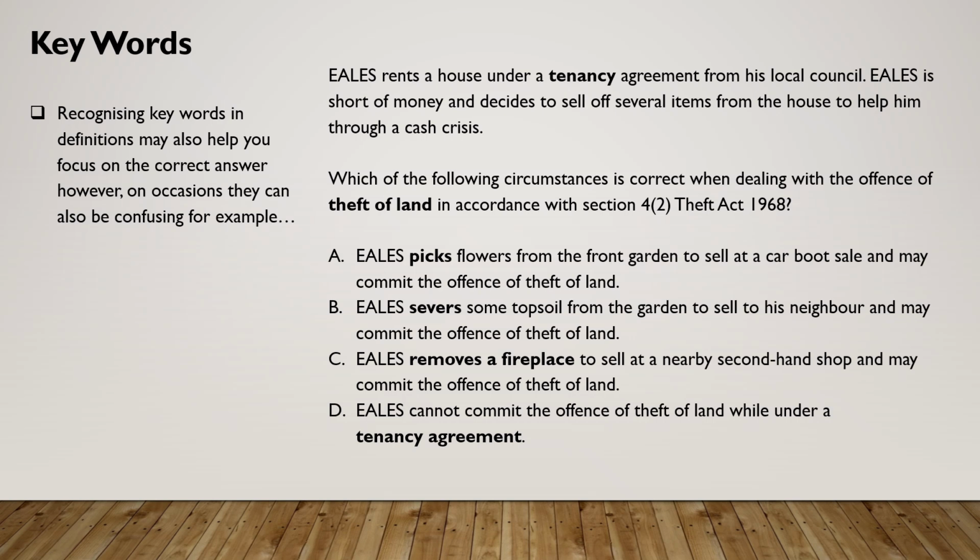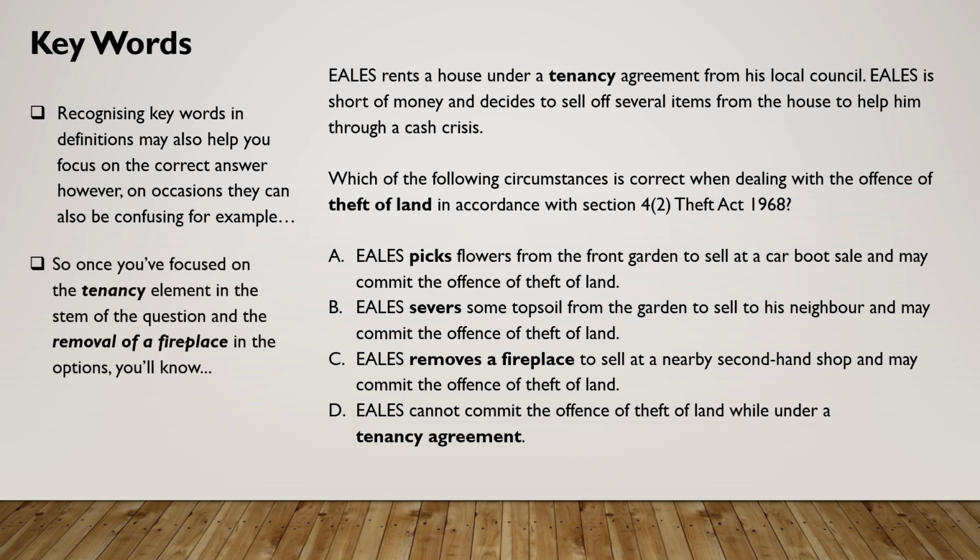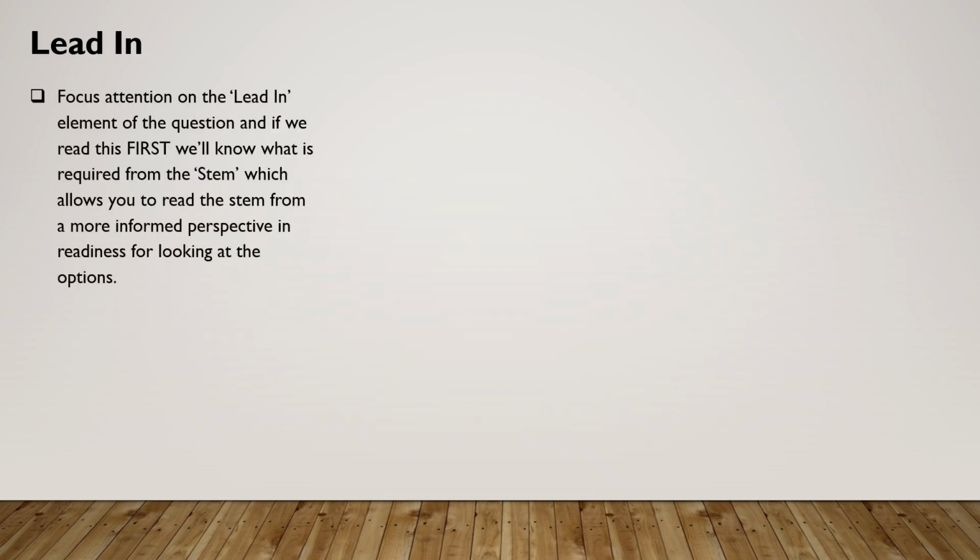Or is it D, Eels cannot commit the offence of theft of land while under a tenancy agreement? Okay, so once you've focused on the tenancy element in the stem of the question, and then the removal of the fireplace in the options, you'll know that when we're talking about theft of land, that C is your correct answer.